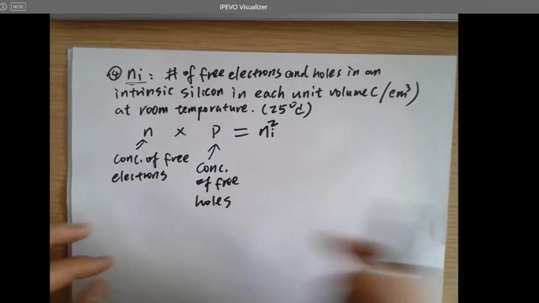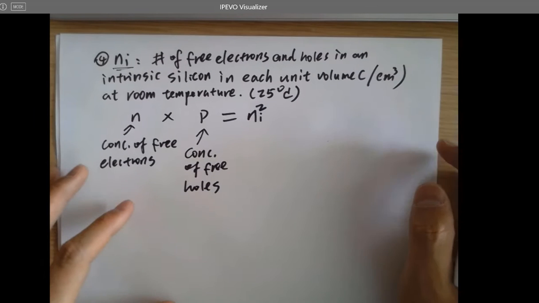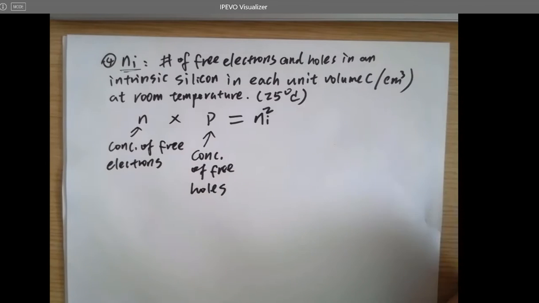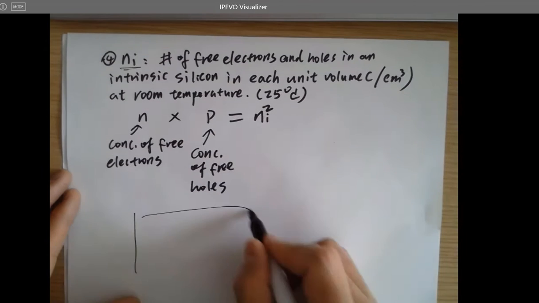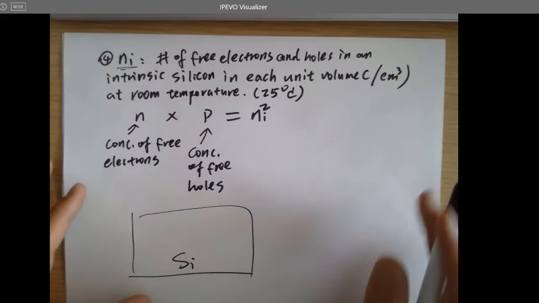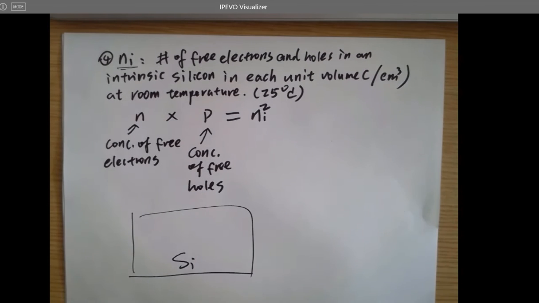Here's a quick question. Why are there free electrons and free holes in a piece of silicon? So here's a piece of silicon. There are electrons and atoms, right?